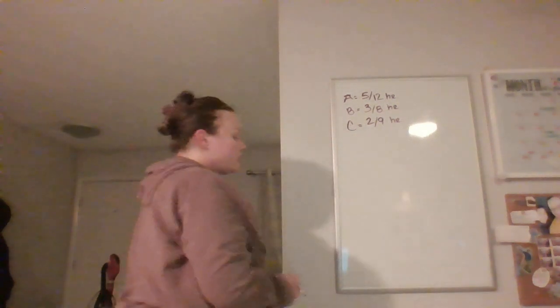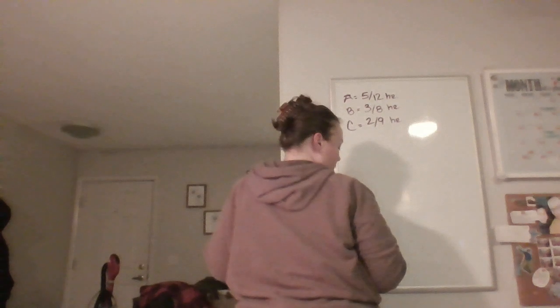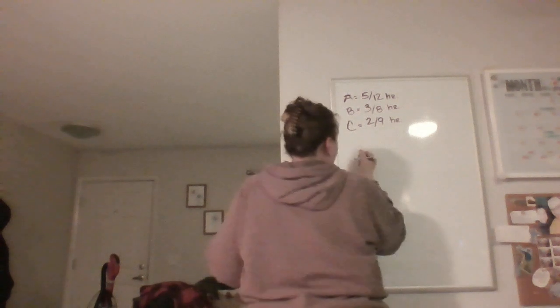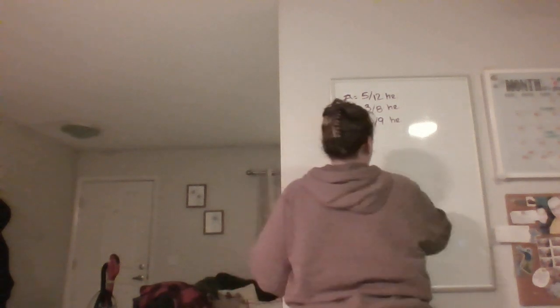So the easiest way to do this is we're going to find the common denominator so that we can compare the fractions. When we look for the least common denominator, it would be 72. So we're going to convert the fractions.